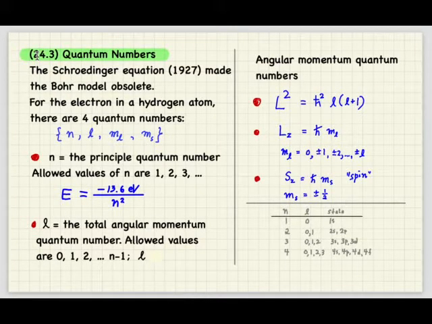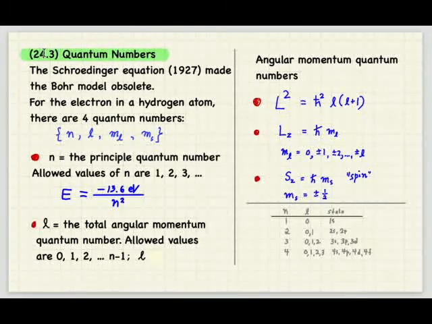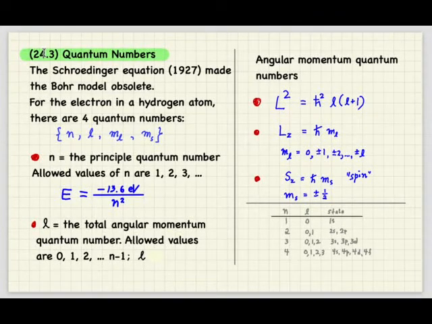Okay then, the Bohr model was successful in describing the energy levels and the corresponding atomic spectrum of hydrogen. So that looked like a great success.